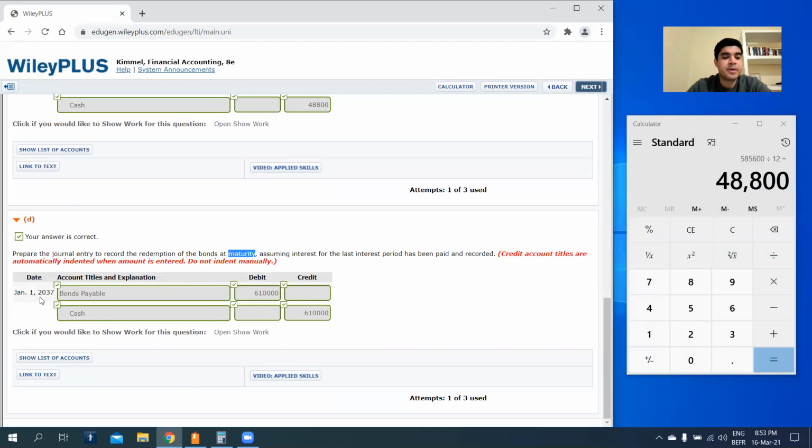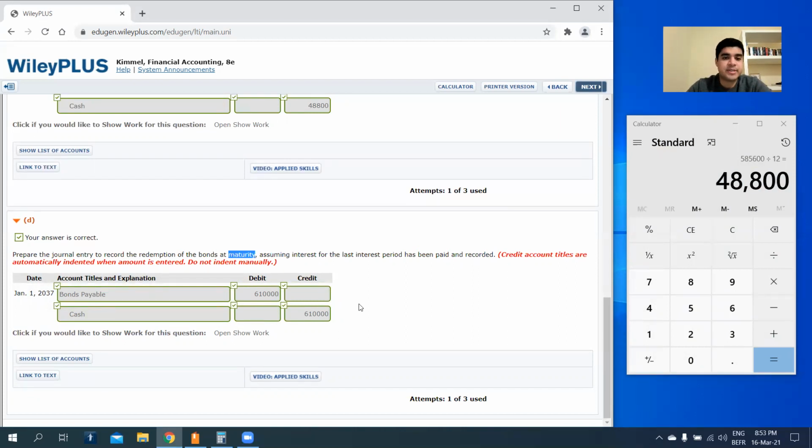Now we are here in January 1st, 2037. So we are going to debit bonds payable, okay, by the 610,000, and then we are going to credit cash because we are finally paying this amount, 610,000.